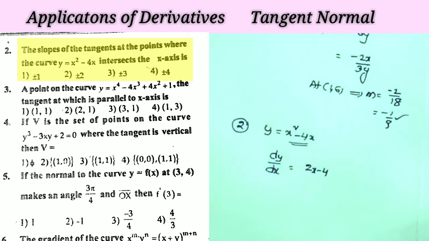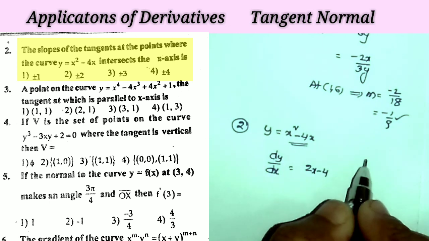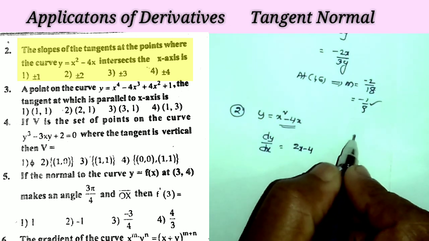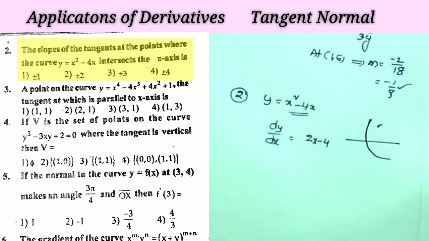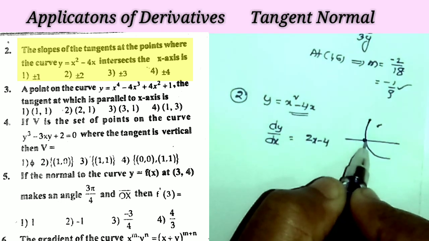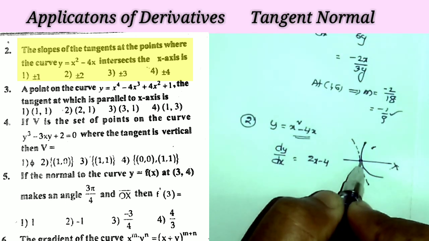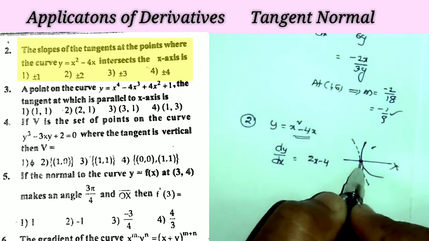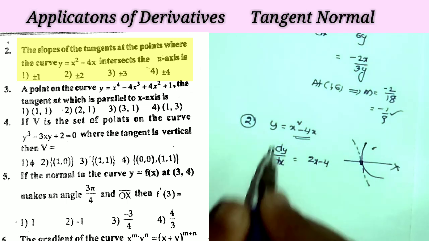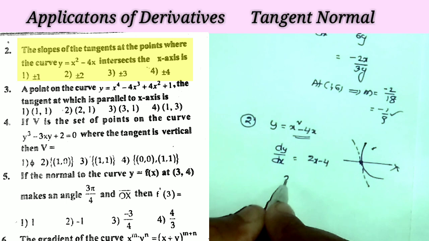But what is given? Here a point is not given, but one condition is given. What is that condition? Where the curve intersects the x-axis. For example, this is the x-axis, this is the curve, and this is the point at which the curve intersects the x-axis. A point on the x-axis means the y coordinate is equal to 0.